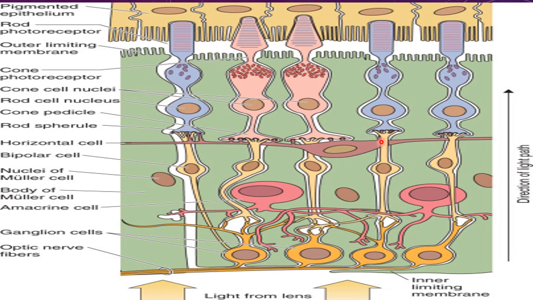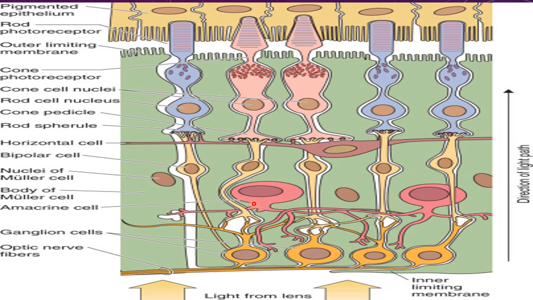Then these bipolar cells, you can see these are bipolar, giving this dendrite and then the axons. The axons move towards the inner segment and make the synaptic junction in the inner plexiform layer with the dendrites of the ganglion cell layer, which are present singly in a row.